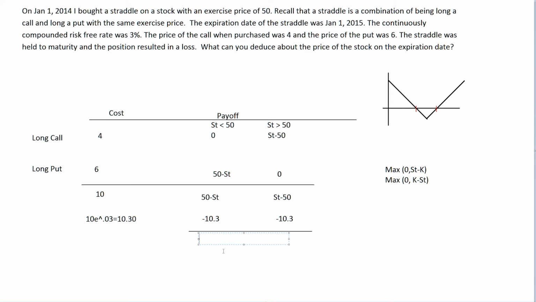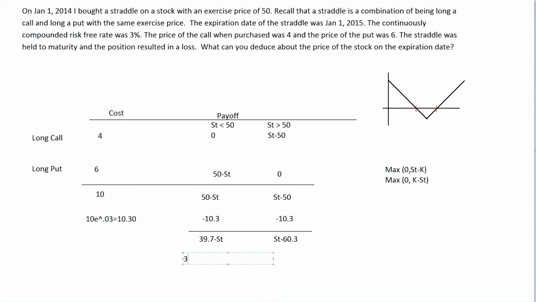So then we get 39.7 minus S_T for our profit if the stock was less than 50. And if it's greater than 50, we get S_T minus 60.3. To understand what our break-even points are going to be, we just set these two equations equal to 0.